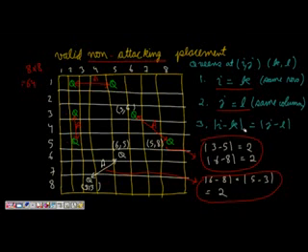If they are the same, this is an attacking configuration. So diagonally they can attack each other, and these are the 3 ways in which queens can attack each other. So when 2 queens are placed at their respective cells, they should not satisfy any of these 3 criteria.